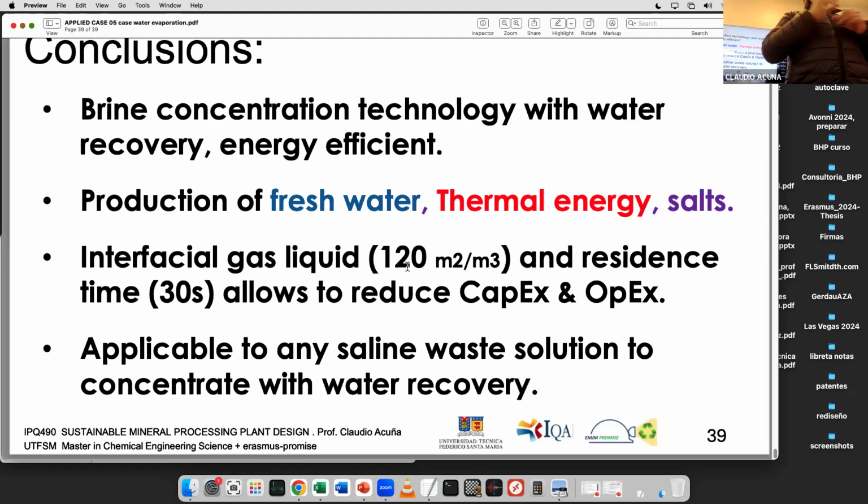By accident we have very small bubbles, which is good for us: very high surface area, interfacial area for mass transfer. And for residence time, I put 30 seconds for the audience only, but we need 2 seconds to evaporate, the internal evaporation.